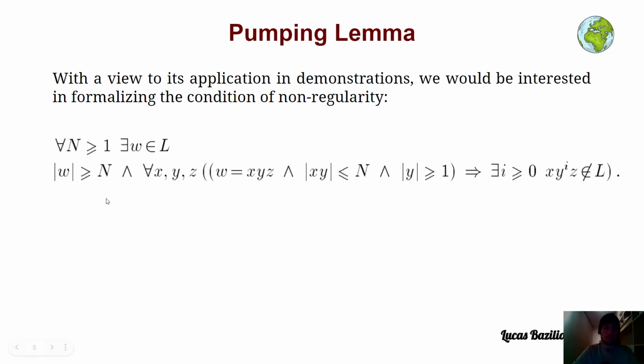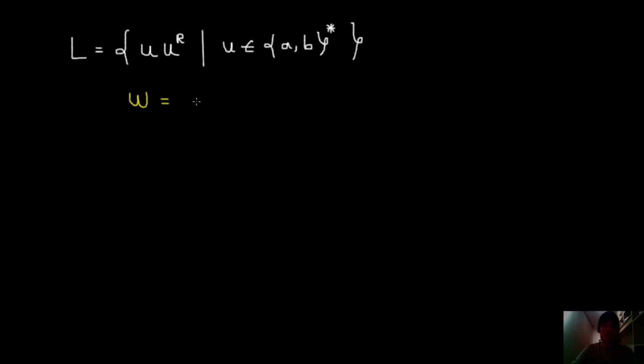So here, first of all, for any natural value n greater or equal to 1, there exists a word W that belongs to this language. So for instance, let's take this word W to be the word A raised to this value n. Here we have that the value n is greater or equal to 1. It can be any natural number.